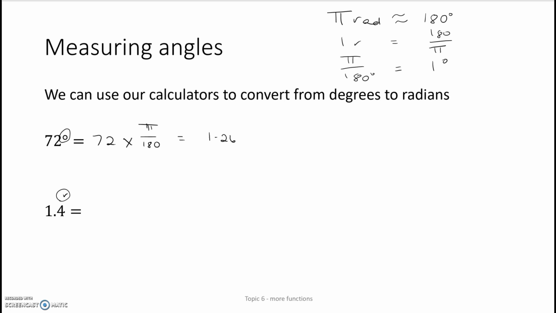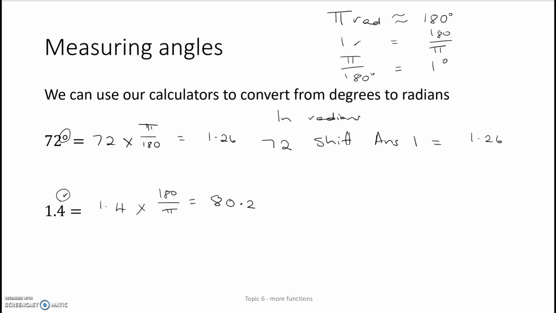It may or may not have the little r, but you can do it on your calculators this way, or you could use your calculators directly. If we're going to change 72 into radians, we'd need to have our calculator in radians, because that's where we're going, and we'd go 72 shift answer 1 and then equals, and then we'd get 1.26, which has no unit, so it's radians.